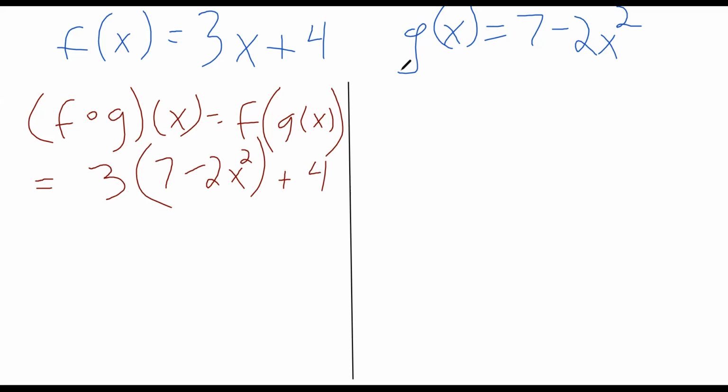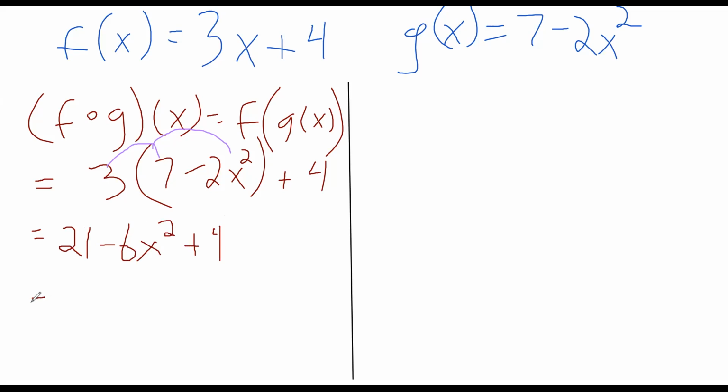For lack of a better term, this is the easy one. We'll distribute the 3 and combine any like terms. 3 times 7 is 21. 3 times negative 2x squared is minus 6x squared. The plus 4 out there did not get touched by the 3. So we have 21 minus 6x squared plus 4.